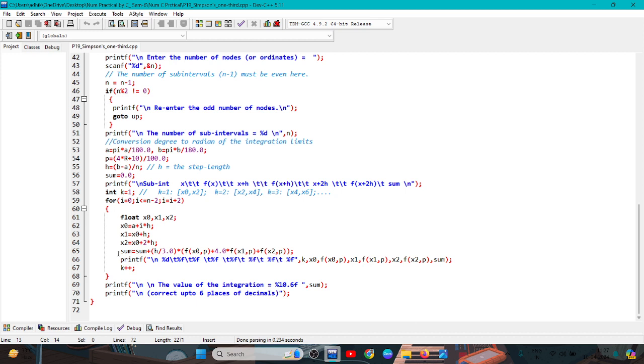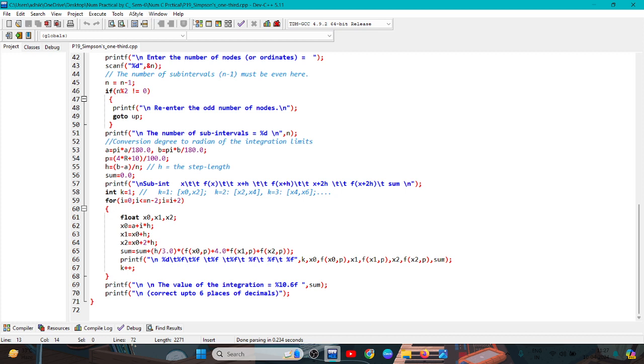And new sum equals previous sum plus h by 3 times f x0 plus 4 f x1 plus f x2. Previous sum means the sum within the interval x0 and x2, and the new sum is for the interval x2 to x4, and this is the improved sum. Print the value of the integration, correct up to 6 decimal places.